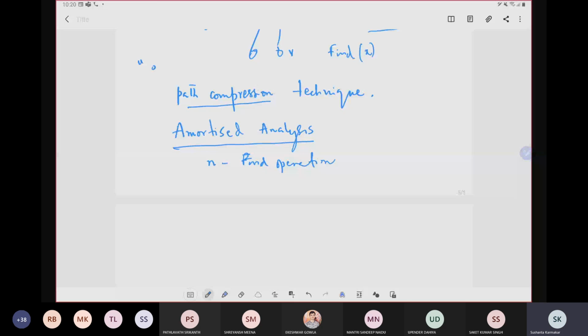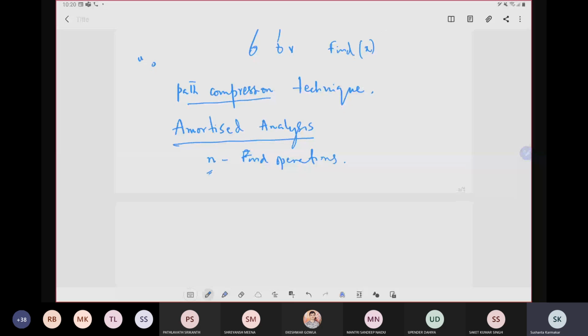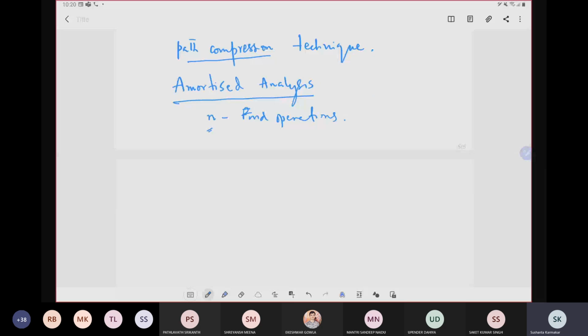Let us assume this is some parameter. Now it may so happen that one or two of them may require log n, but if all the rest require a constant amount of time, then you can do a better calculation.